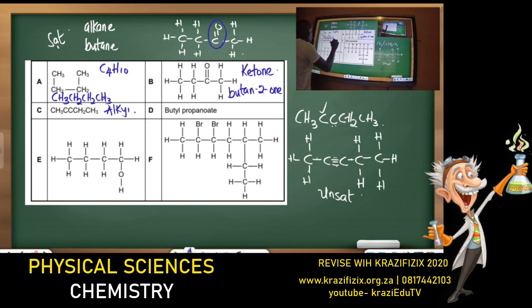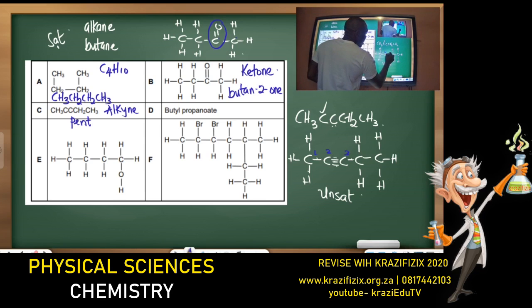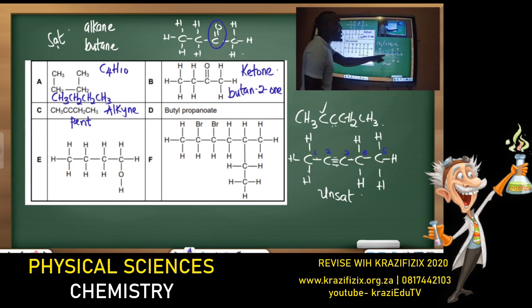What is the name? 1, 2, 3, 4, 5. 5 is pent. Now this is carbon 1, carbon 2, carbon 3. Remember, it is always on the lowest carbon. So it is carbon 2, pent-2-yne.